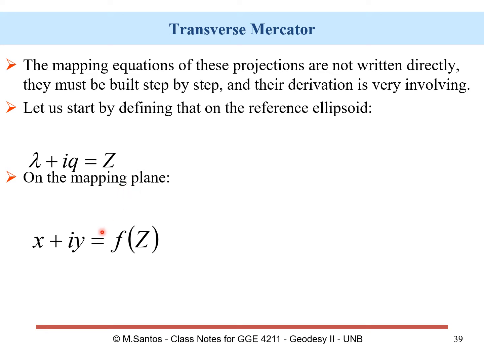On the mapping plane, we have now the grid component X in the real space. Here we have the complex Y, and of course they are a function of this quantity z. The development is evolving.